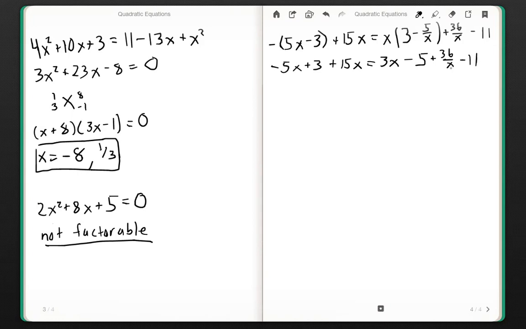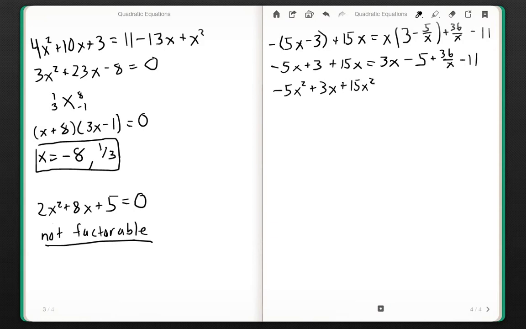Now we still have a fraction here where we are dividing by x. So in order to get rid of that, let's multiply everything by x. Yes, we do have to do that just to get rid of that one little fraction, but that is going to make things easier. So the x changes to x squared, 3 changes to 3x.